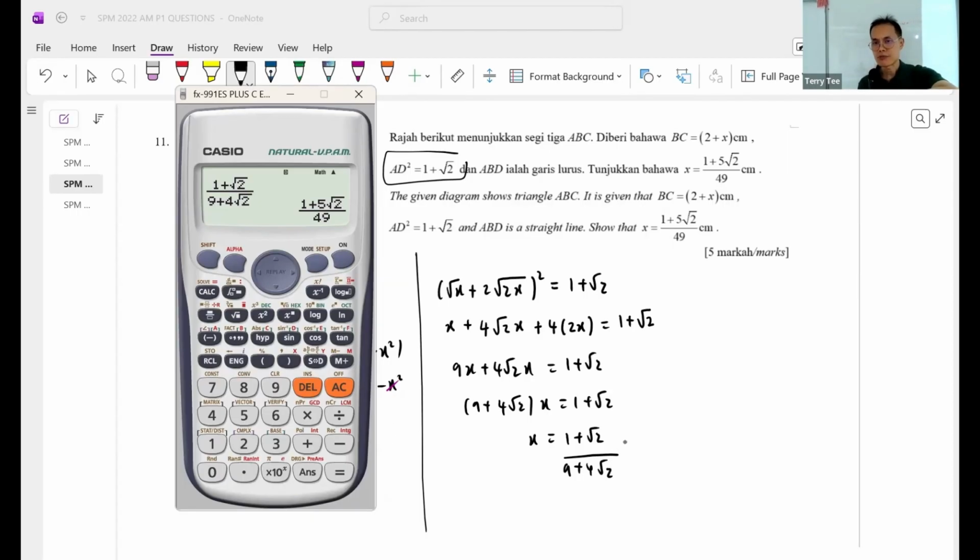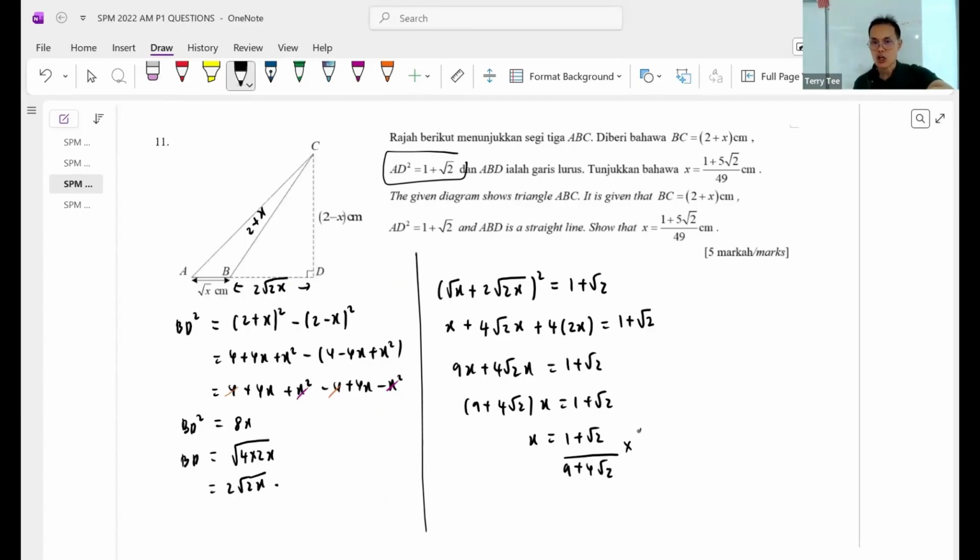So here we're going to simplify by multiplying top and bottom with its conjugate. The conjugate of 9 plus 4 surd 2 is 9 minus 4 surd 2. So let me expand one by one. 1 times 9 is 9. 1 times negative 4 surd 2 is negative 4 surd 2. 4 surd 2 times 9 is 9 surd 2.